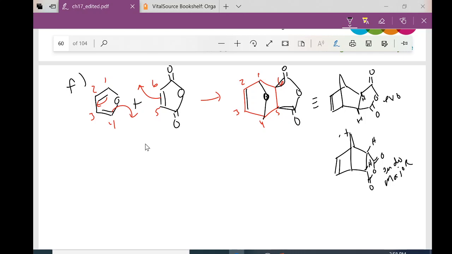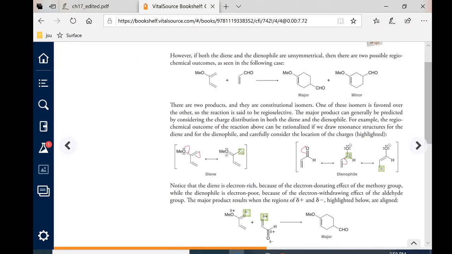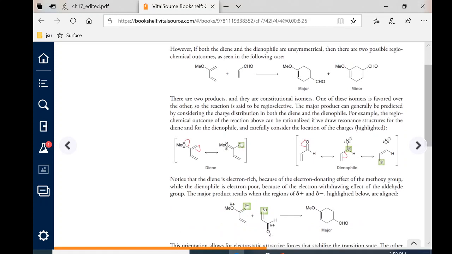All right, well, we're almost done with Diels-Alder, and in fact, we've covered the information that's in versions 1 and 2 of Klein. But I want to discuss a topic that's included in version 3, which is regiochemistry. So there is regiochemistry possible in a Diels-Alder reaction if we have an unsymmetrical diene and dienophile like this.